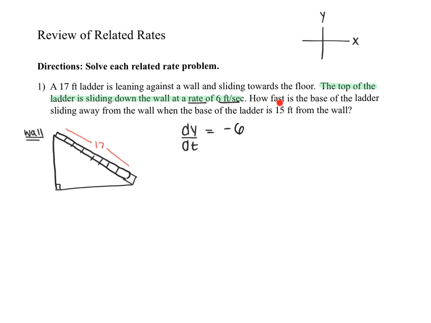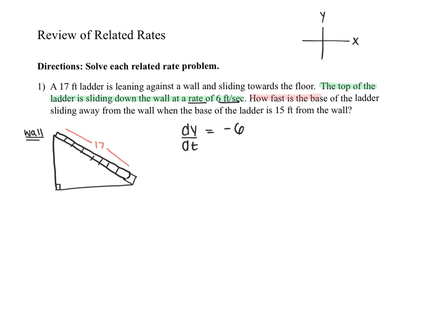They want to know how fast is the base of the ladder sliding away from the wall. So this is the base of the ladder, and if this is coming down, this ladder is going out. So if this ladder is going out, would you agree we're increasing this x? We're making this distance bigger. So how fast is another way of saying rate as well.